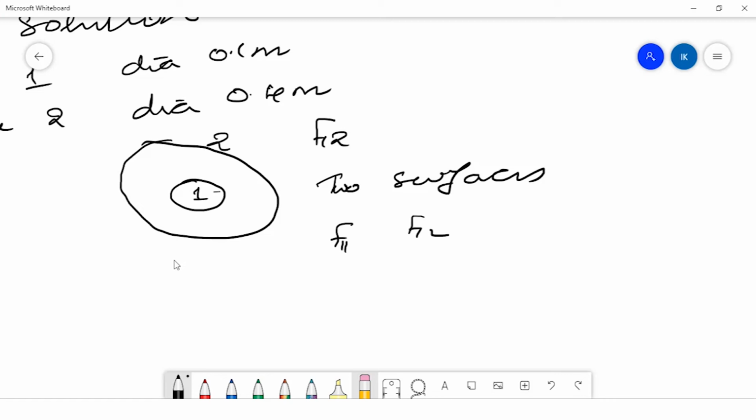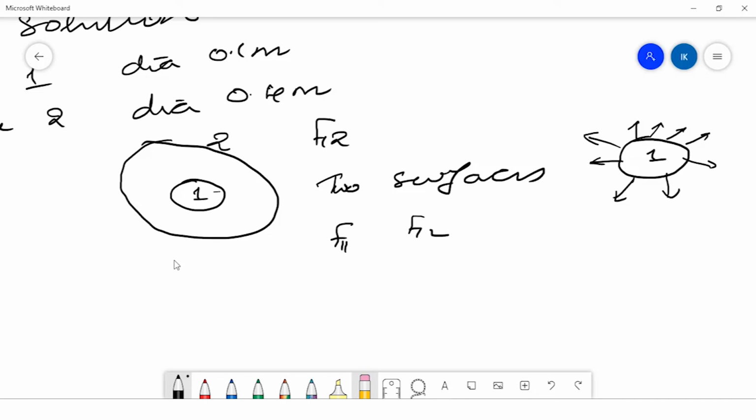F11 means the radiation leaving surface 1 and reaching surface 1. But we know that for a sphere, the radiation leaves the body perpendicular to the surface, and there is no way this radiation meets surface 1 itself. Whatever radiation leaves surface 1 never reaches 1; it always passes away from the body.